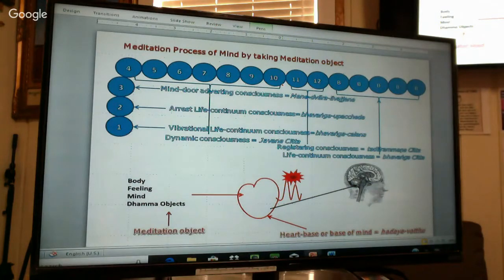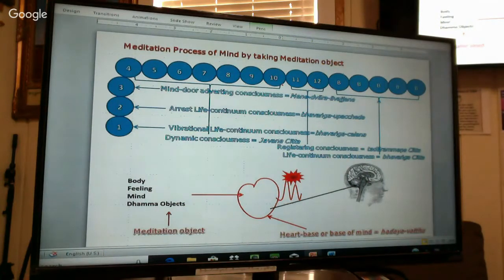So you're saying 4 to 10 is the Patibhaga stage? No, it's with the Patibhaga object, again and again. The object represents the mind, number 1 to number 10. Number 1 and 2 are just life-continuing consciousness. They are resident mind, so not very powerful.